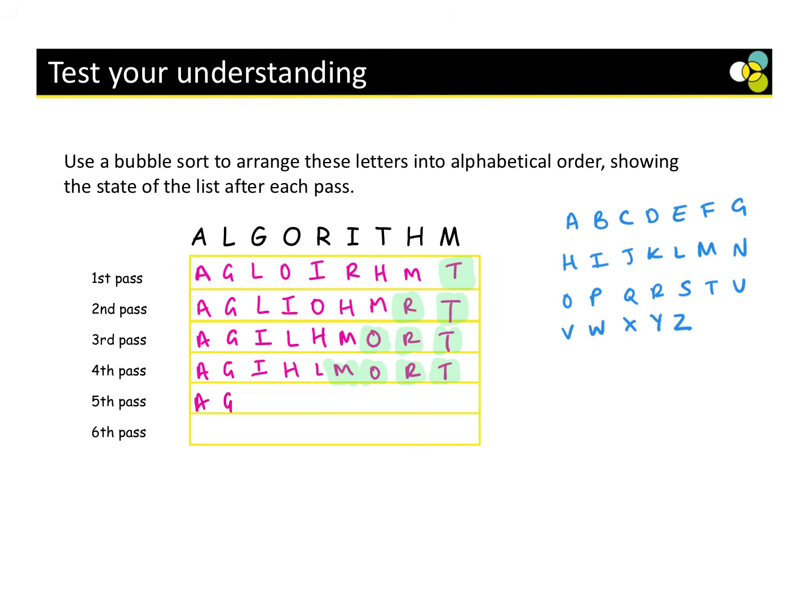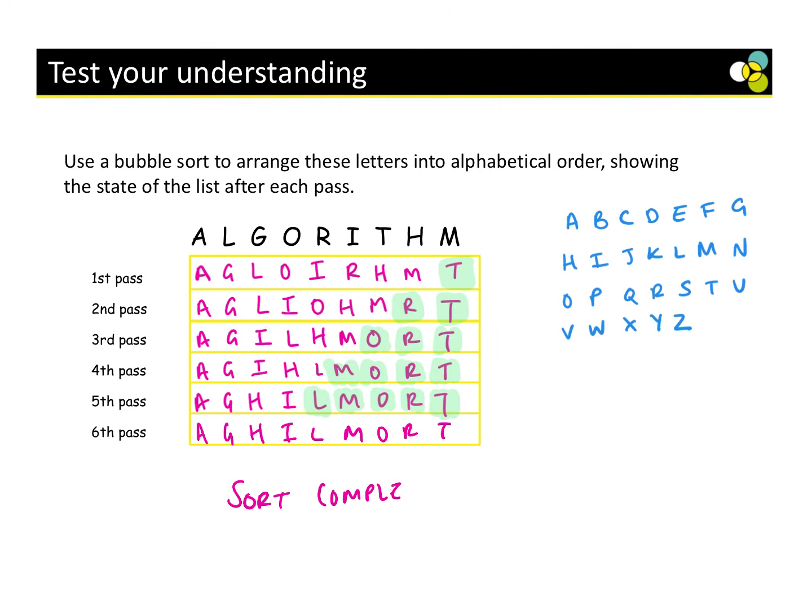H, I. H comes before I. I, L. Yep. M, O, R, T. Now, even though some of you may be thinking, we've done it, no, we have not. We always need to do that pass to double check. A, G. Fine. G, H. Fine. H, I. Fine. Okay. Now we are finished.